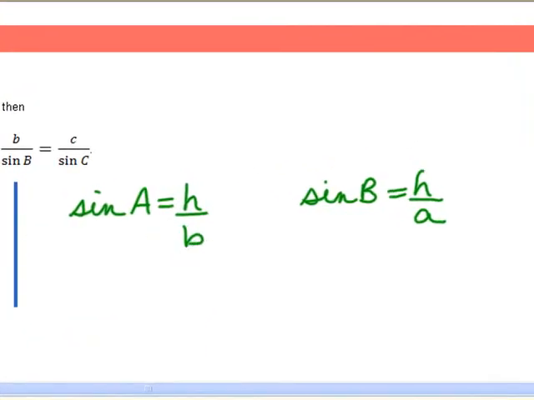I would have to construct another height to be able to find what angle C's sine is, so don't worry about that.